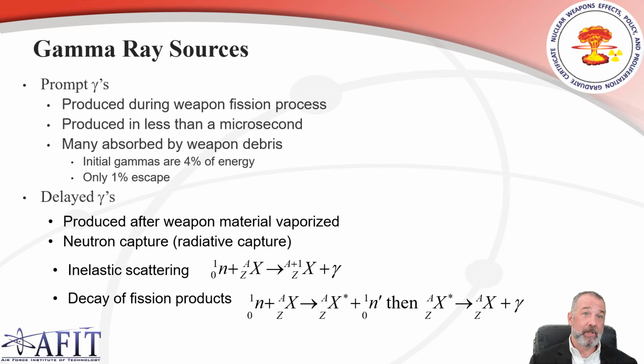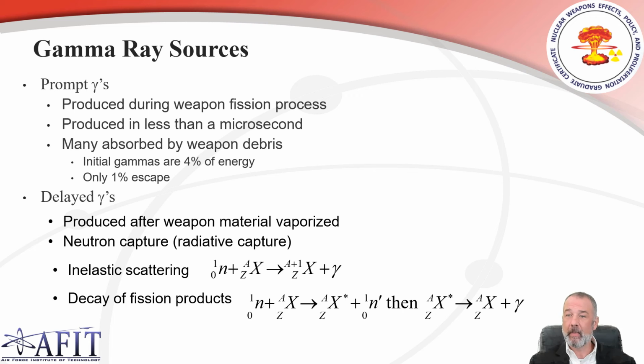And radiative capture means that we have a nucleus that sucks up a neutron, becomes an excited nucleus, and then de-excites down into a stable mode by emitting a gamma ray. So this is called radiative capture, and this can happen with anything that's present within the confines of the weapon itself.